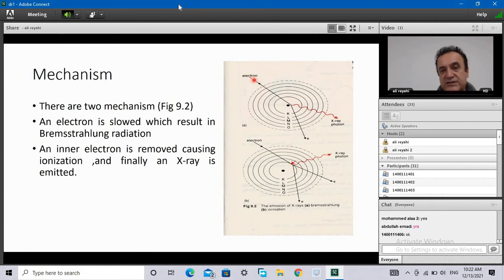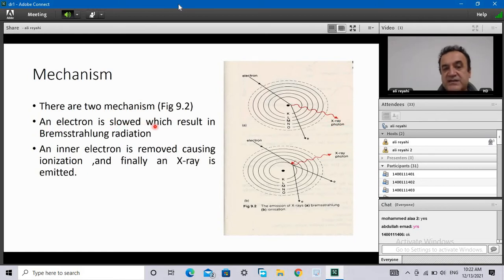When electrons reach the nucleus of the anode atom, whose polarity is positive, the path of the electron will be changed. The energy of the electron will be reduced. The difference between the energy of the electron before deviation and after deviation will be converted to X-ray.